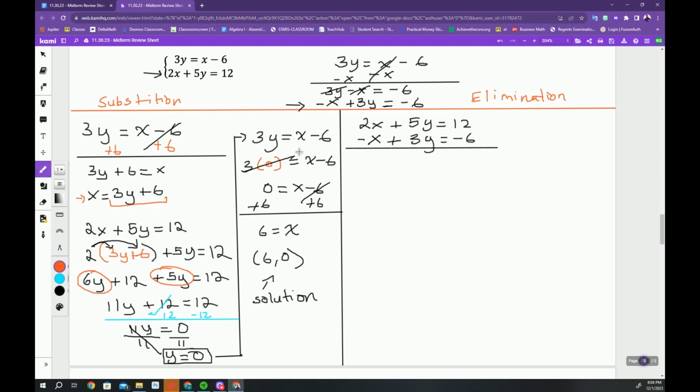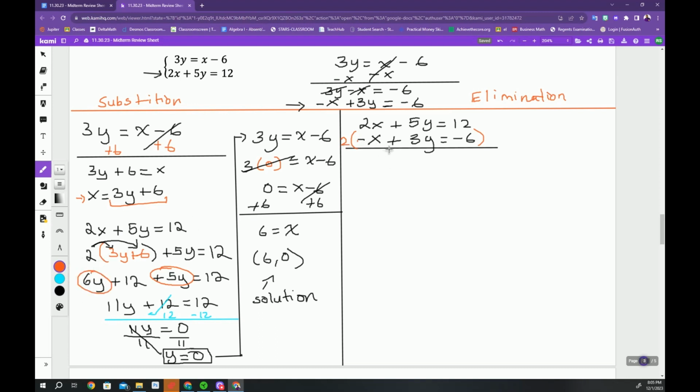So we want to multiply one of the equations. Let's see if we eliminate x. Can I multiply anything times 2 to give us a negative 1? Nope. What about if I multiply something to this to give us a 2? If I multiply the second equation, and remember, we want one of them to be positive, one of them to be negative, if I multiply the second equation by 2, this negative x will become negative 2x.